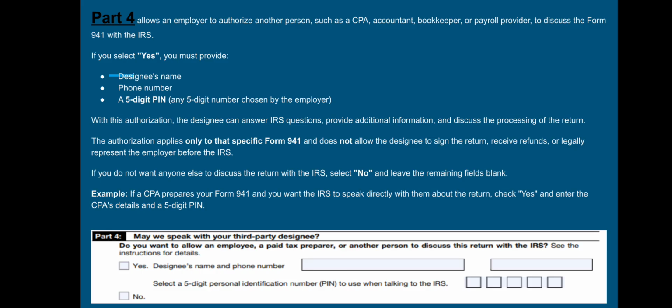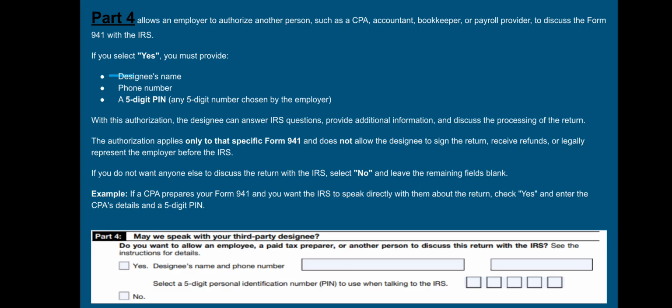If you select yes, you must provide the designee's name, phone number and a 5-digit PIN. This 5-digit PIN could be anything you want to mention, it's up to you. With this authorization, the designee can answer IRS questions, provide additional information and discuss the processing of the return.